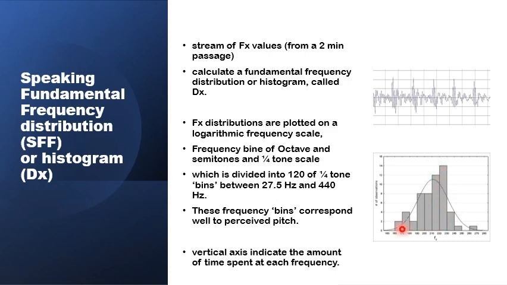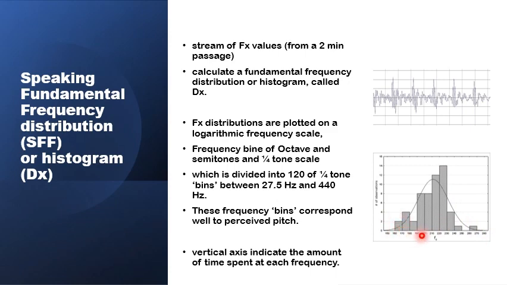The columns are equally spaced according to the octave, the semitones, and the quarter tone scale, because this is how we perceive changes in the vocal pitch. So we would know from this that this individual speaker had used these two frequency bins, this narrow frequency range, most of the time, and he uses less the very high frequencies and the very low frequencies.